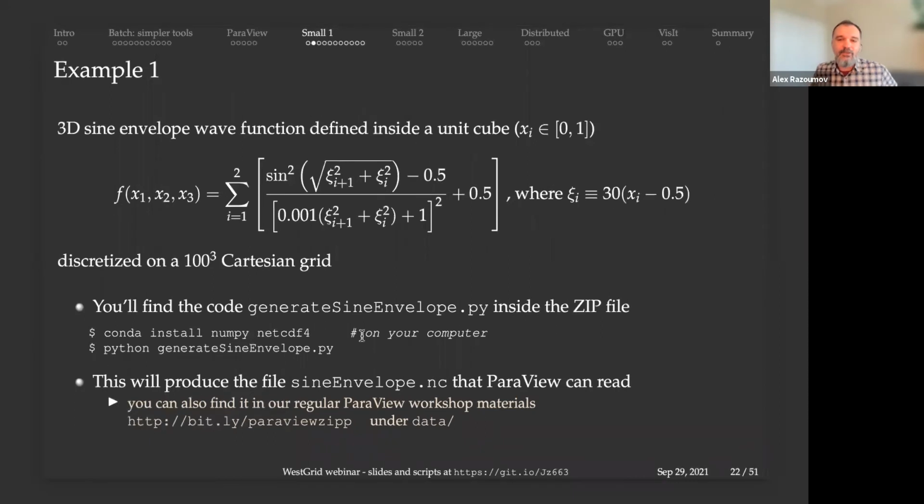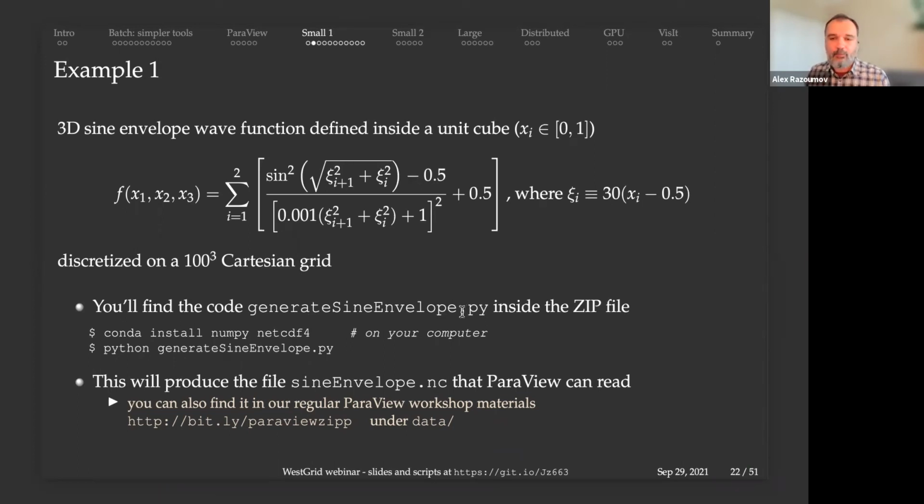All right. So for this visualization, I will use a data set that I often use for training. It's called a sine envelope wave function inside a unit cube. It's just a mathematical function of x, y, and z inside a unit cube, discretized on a 100-cube Cartesian mesh. At the link below, the link that I mentioned at the beginning of this webinar, I have a zip file with a script, generate sine envelope.py.